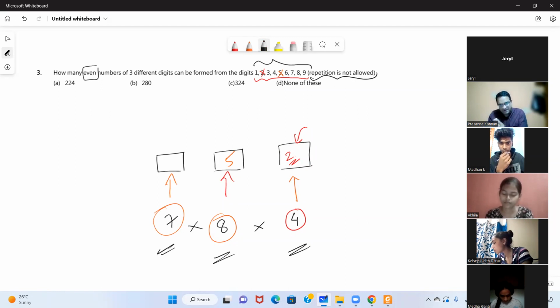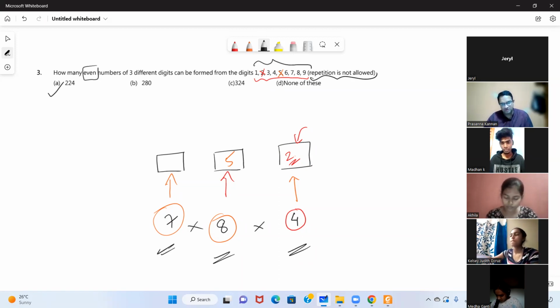We are filling the units place, and we are filling the tens place, and we are also filling the hundreds place, all the events we are doing. So it's the fundamental principle of multiplication. So the right answer will be 7 into 8 into 4, which is 56 into 4.